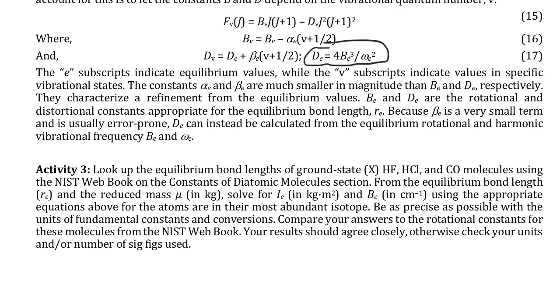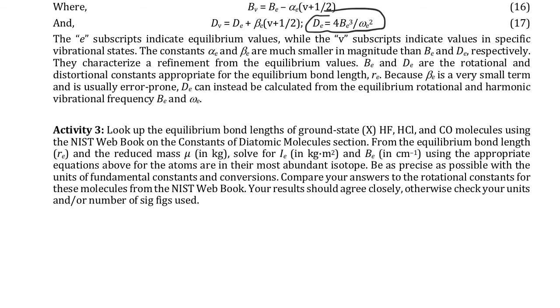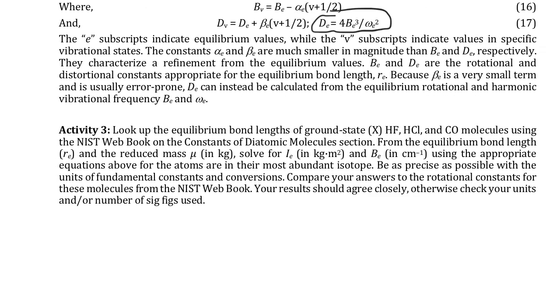For activity 3, what we're doing is looking up the equilibrium bond lengths on NIST for HF, HCl, and CO. From those, we solve for the moment of inertia for those molecules. Then from there, we solve for their B_E values, their equilibrium rotational constants, in inverse centimeters.